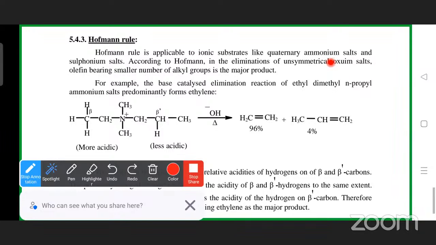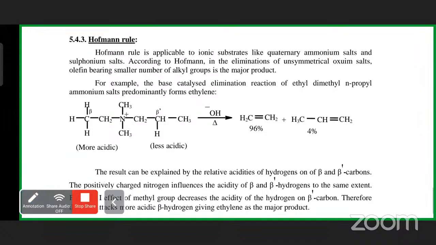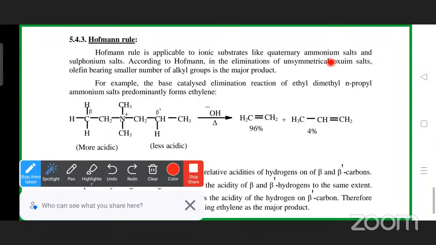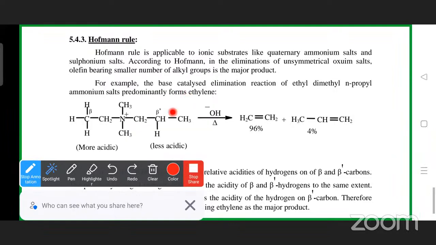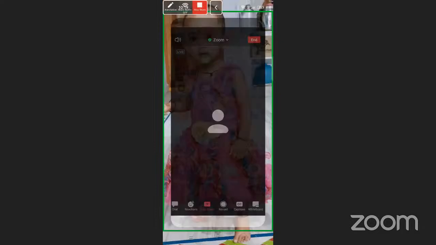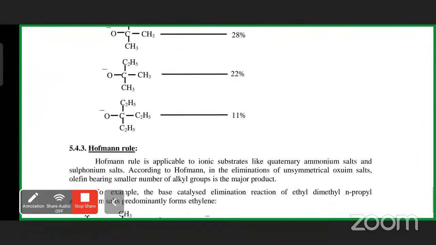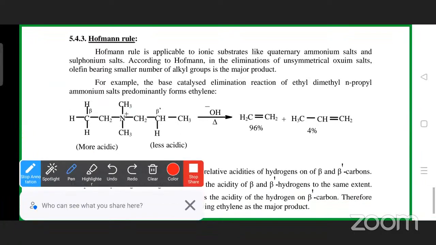According to the Hofmann rule, take a particular compound, a quaternary ammonium salt. You see where the beta hydrogens are eliminating. This is the beta hydrogen here, and on this side, this is the beta hydrogen.